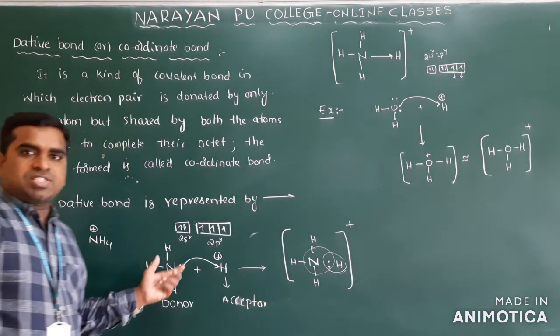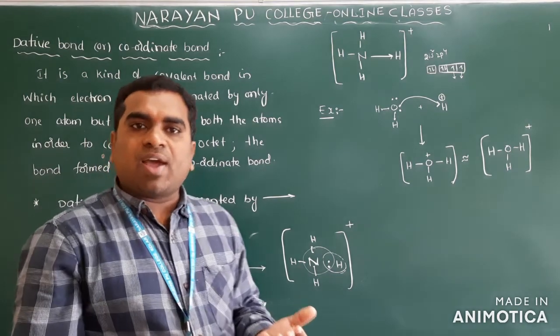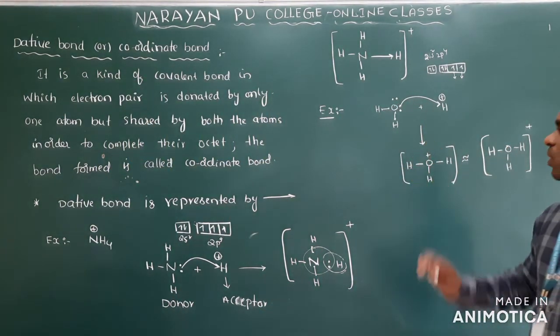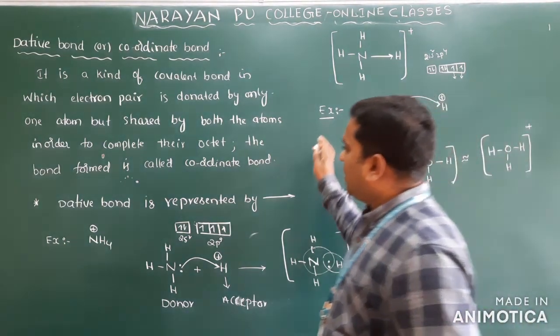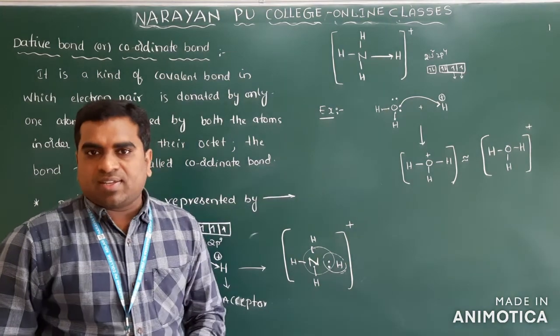The atom which donates the pair of electrons is called the donor atom. The atom which accepts the pair of electrons is called the acceptor. So this is the dative bond. And I will also explain one or two examples, then you will get it.